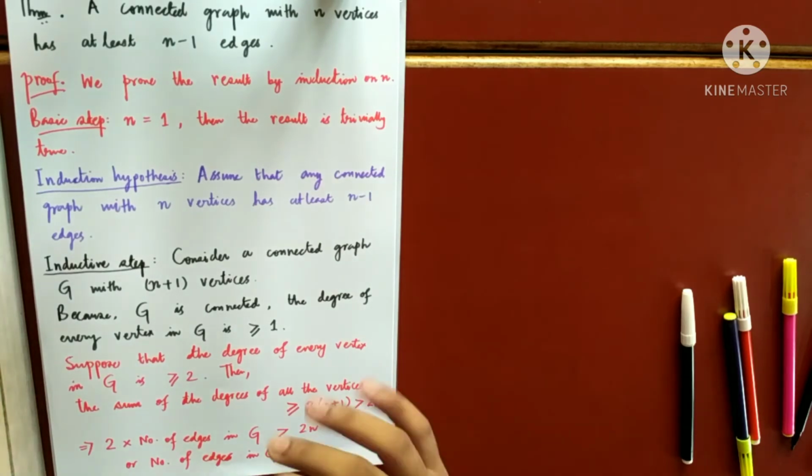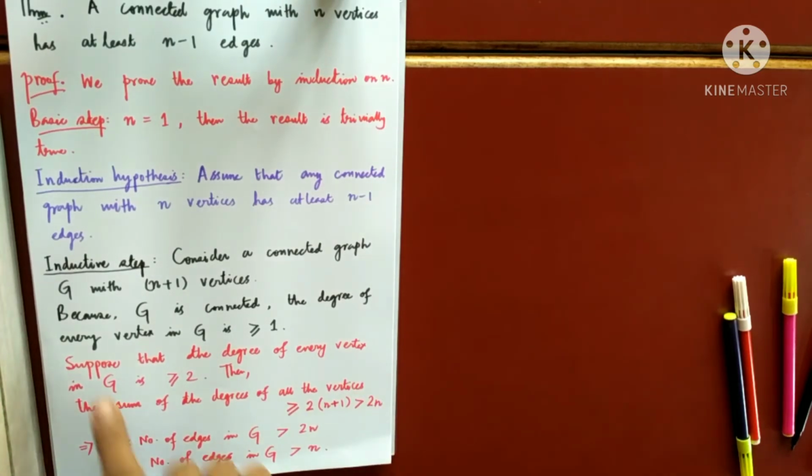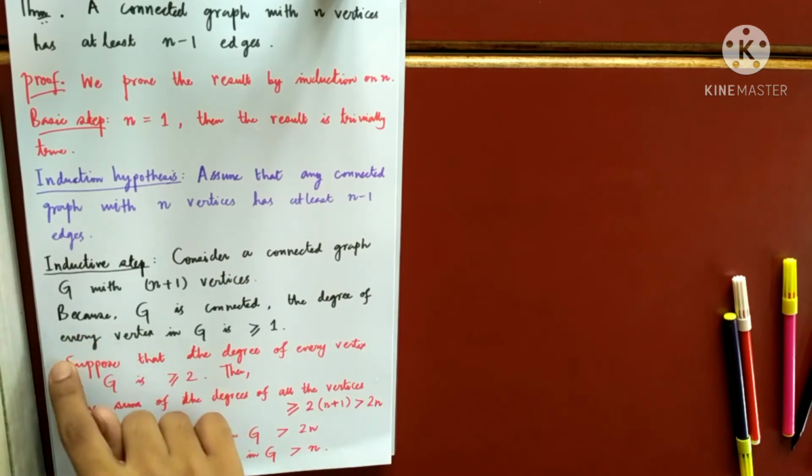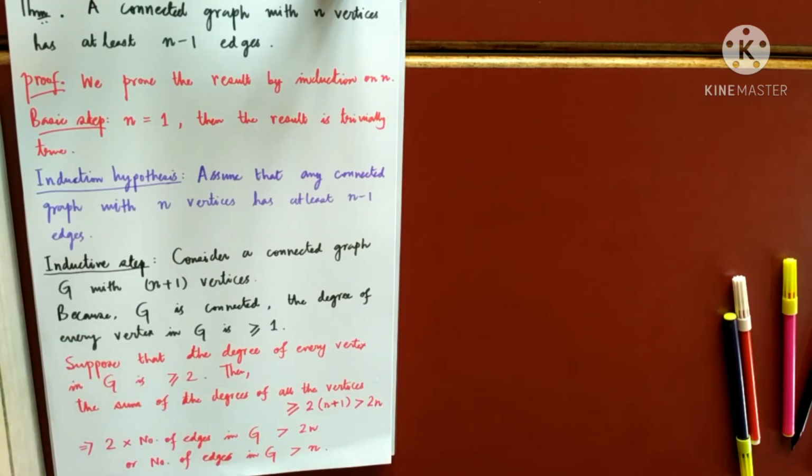So we have done the proof under this condition. But it may happen that G does not have any vertex of degree 2. So let's do the proof when this statement is not true, but the negation of this statement is true.